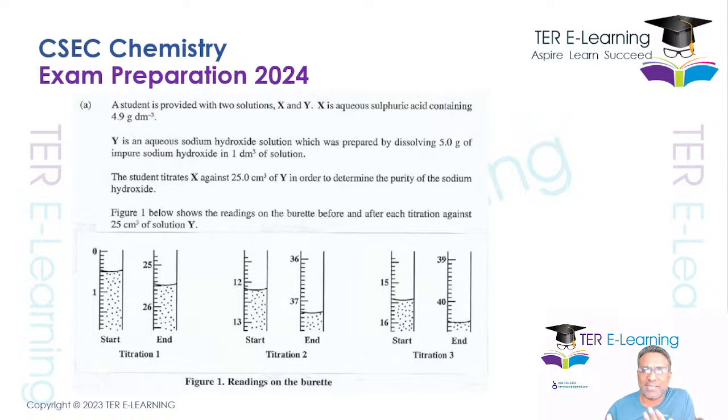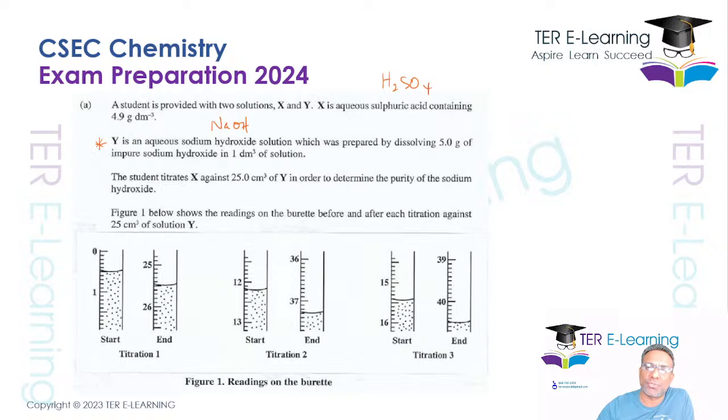So we have X and Y, but X is sulfuric acid containing 4.9 gram per dm cube. Then Y is sodium hydroxide. So we have two things here: sulfuric acid, which is H2SO4, and Y, which is sodium hydroxide, right? The sodium hydroxide was prepared by dissolving 5 grams of impure sodium hydroxide in 1 dm cube.